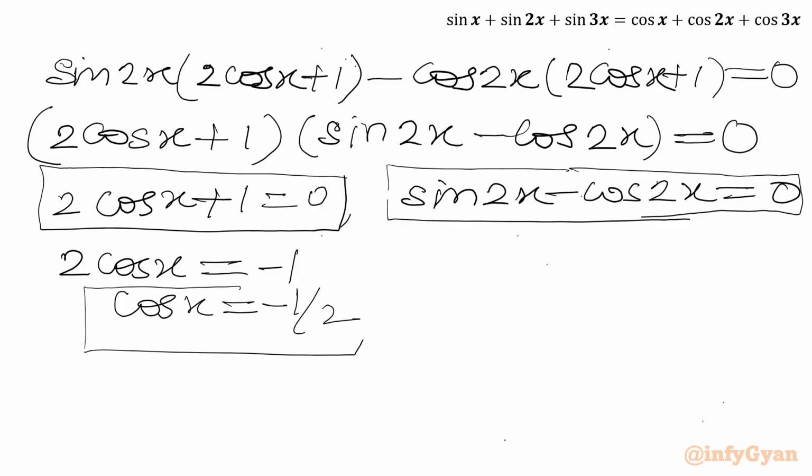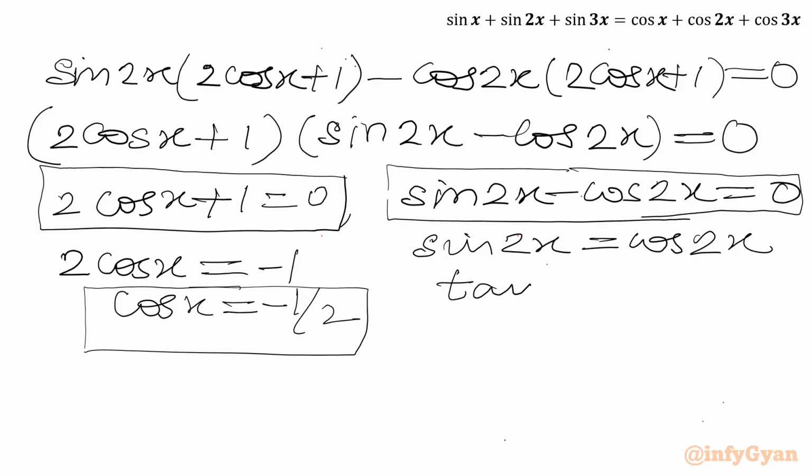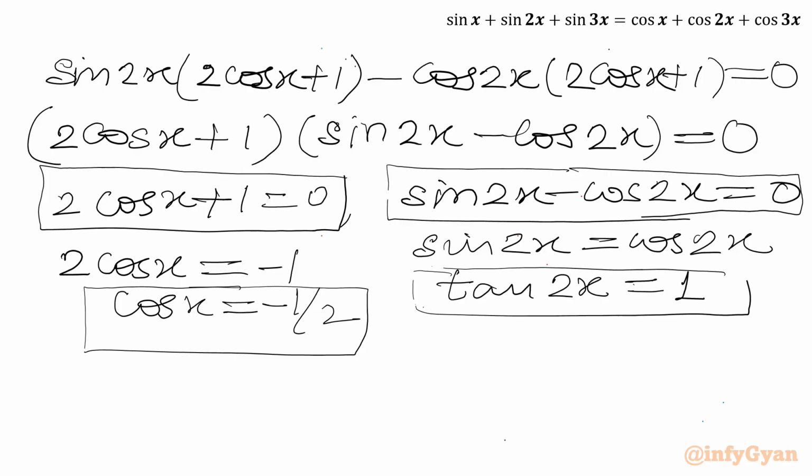This is our first equation. And from the second equation I can write sin 2x equal to cos 2x. Divide both sides by cos 2x. So I can write tan 2x equal to 1. We have to solve these two equations.